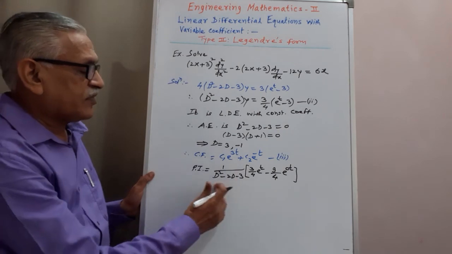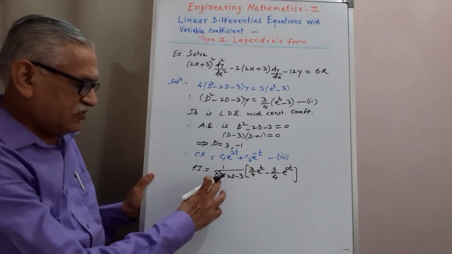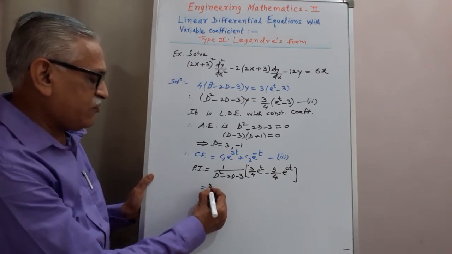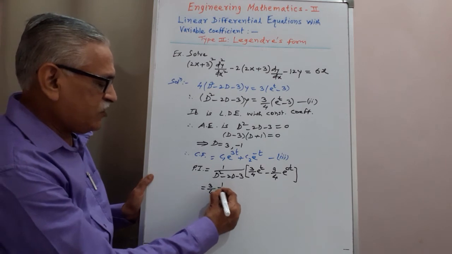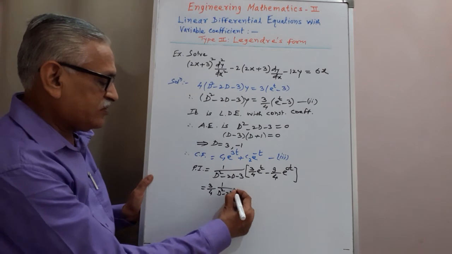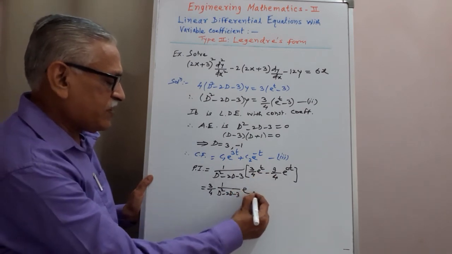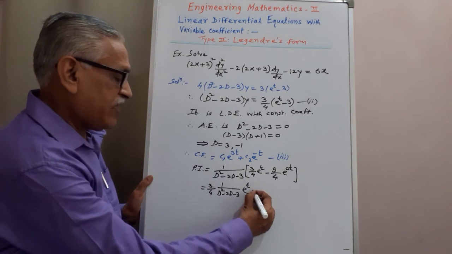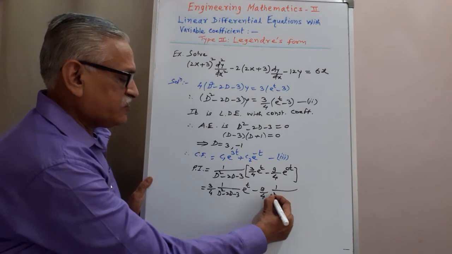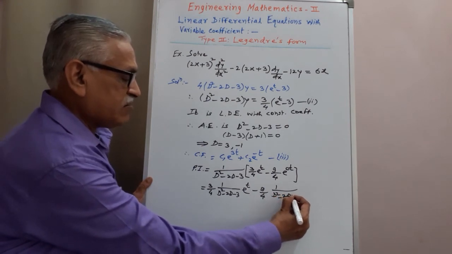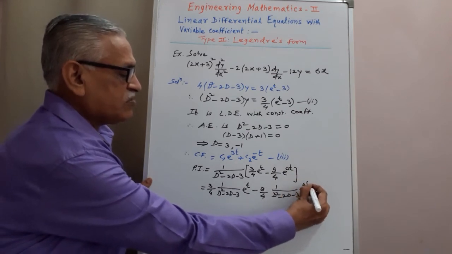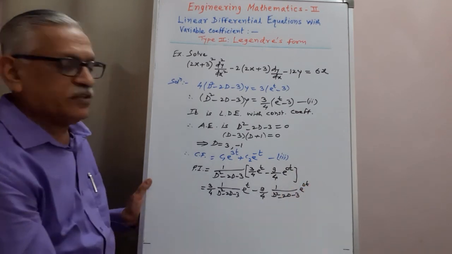Then operating separately term by term, we get (3/4)·1/(D² − 2D − 3) operating on e^t, minus (9/4)·1/(D² − 2D − 3) operating on e^(0t).